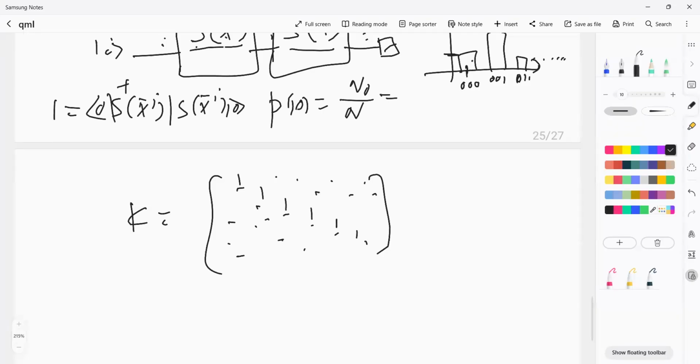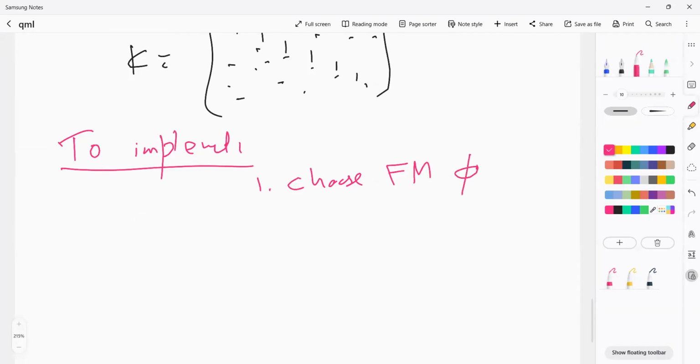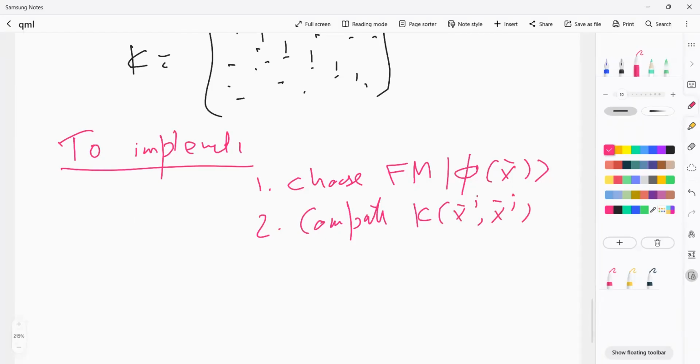Okay, so let's now talk about how to implement this quantum support vector machine in code. To implement, choose a feature map phi of x, and compute the kernel matrix by computing the probability of getting 0 for all combinations of the data points.